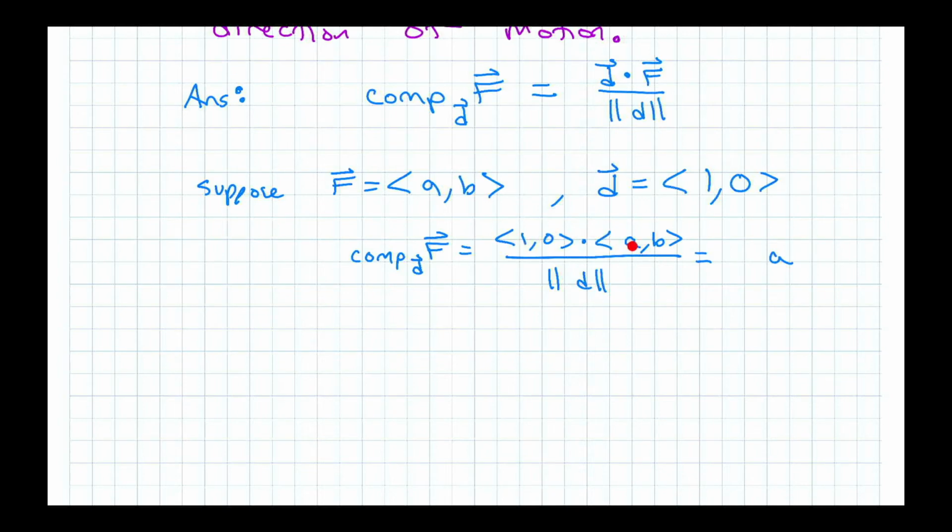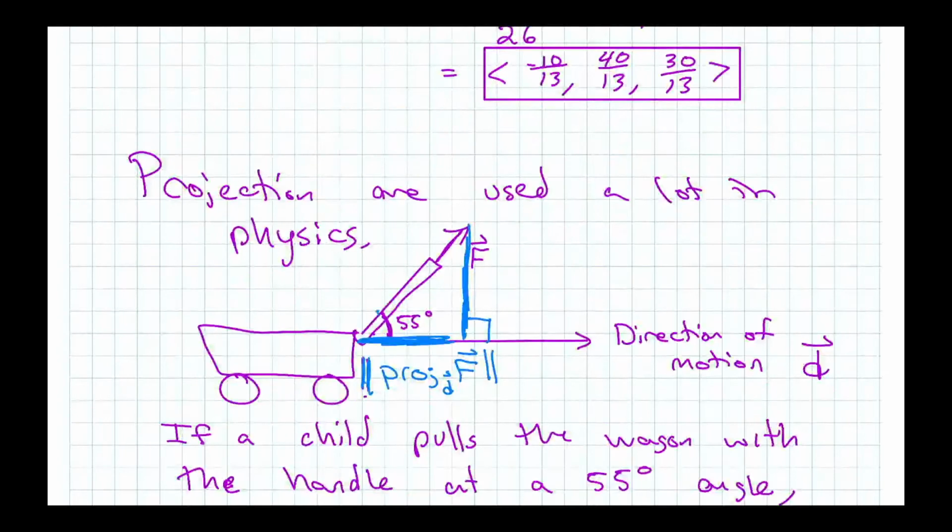Because 1 times a is a, 0 times b is 0, so the top is just a, and the vector D I made length 1 by definition. It makes sense, right? If the vector here is (a, b), obviously the part pulling in this direction is a, and the part pulling up is b.